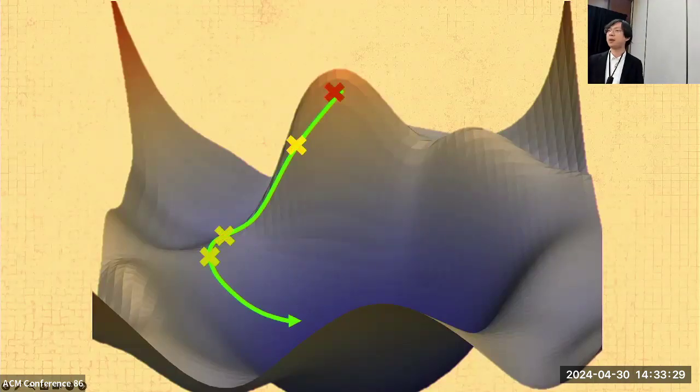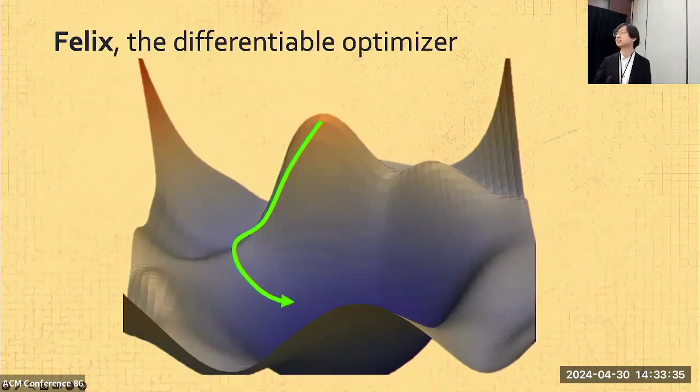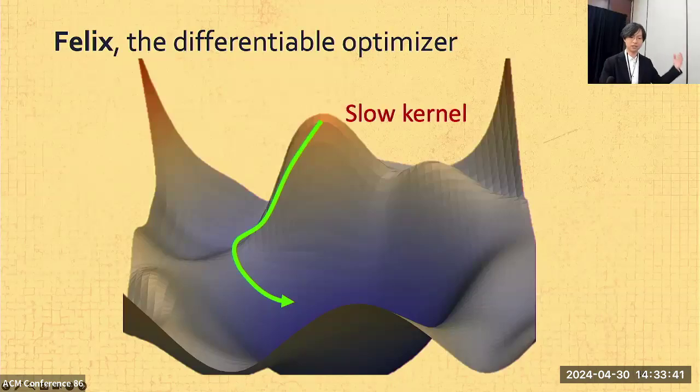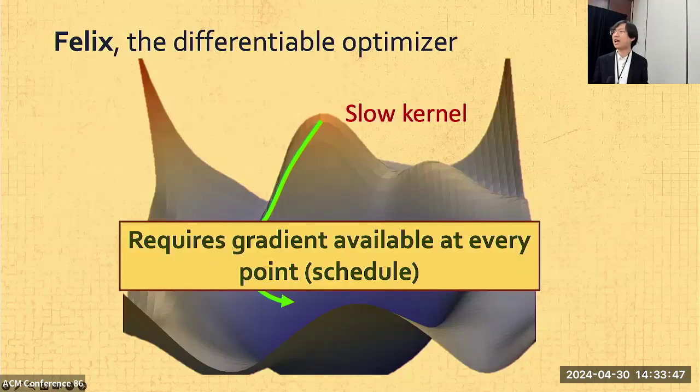Just take the path down the hill to arrive at the fast kernel we want. And that is Felix. We use gradient descent on a landscape of kernels, starting from slow ones and descending to arrive at fast kernels. Of course, this is not going to happen automatically. It requires gradient information to be available at every point of schedule in your search space.